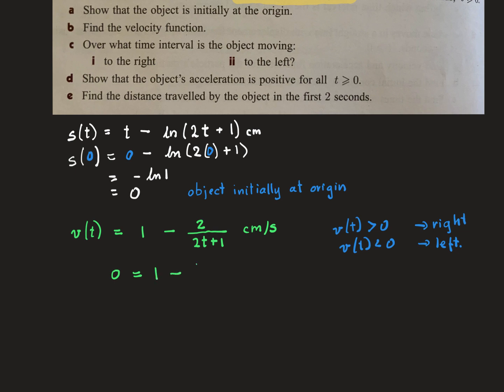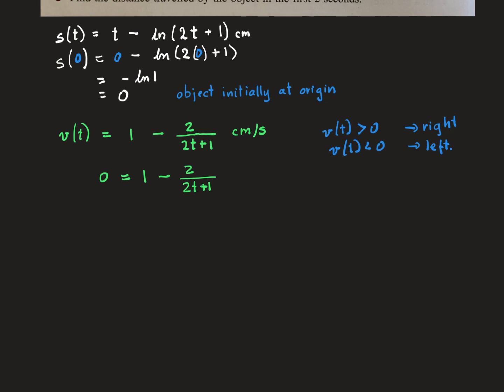So I make that 2 over 2t plus 1. I don't want to separate the 1 and the negative 2t by putting the 1 onto the other side. What I'm going to do is put them under the same common denominator.